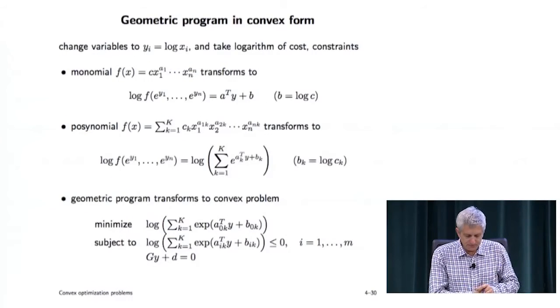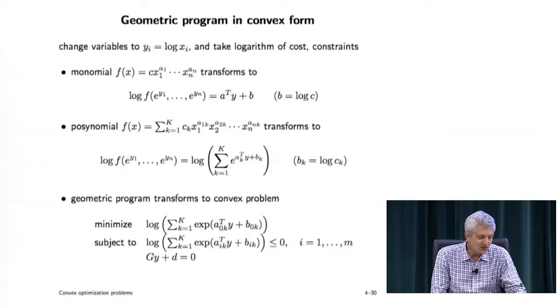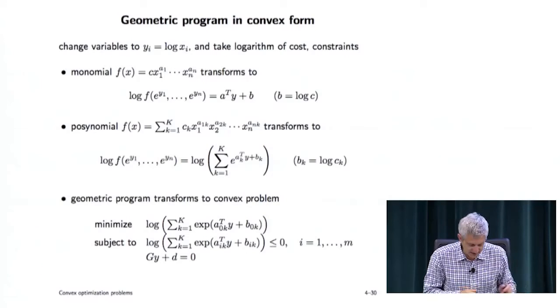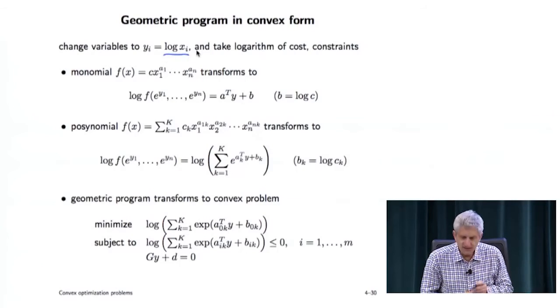Okay. Now, the interesting thing about GPs, which are not convex, is that they can be transformed to be convex problems by, actually you take two changes of variables, and they're both very interesting, and I'll say what they are. The first one is this. All our variables are positive.